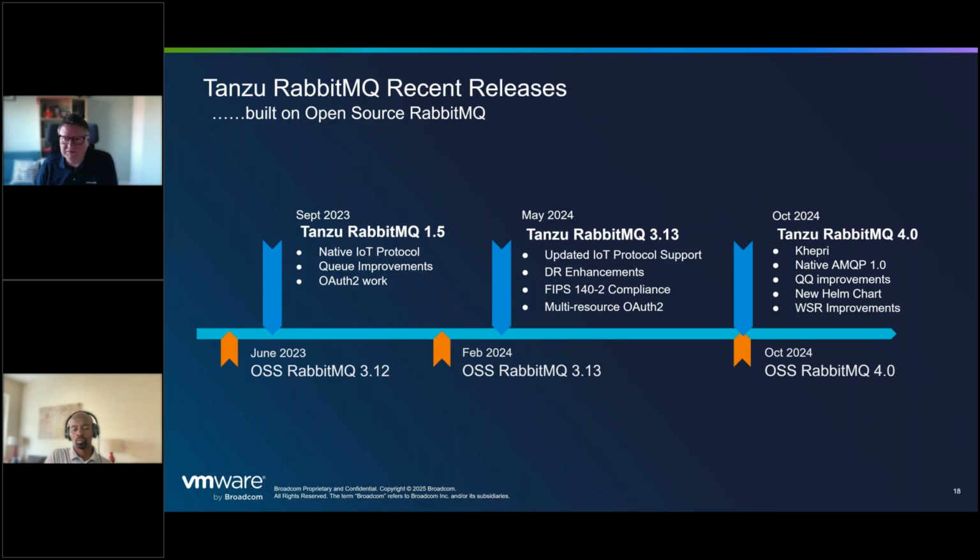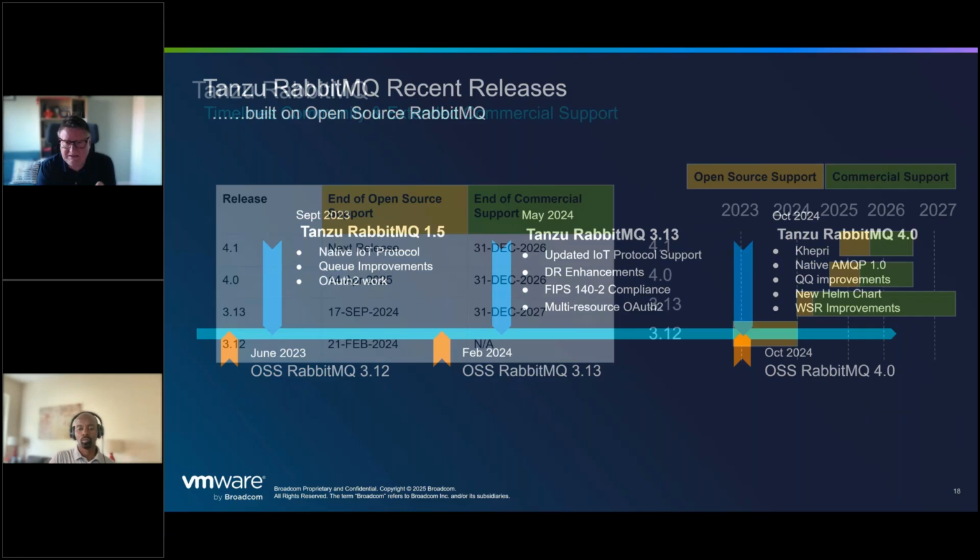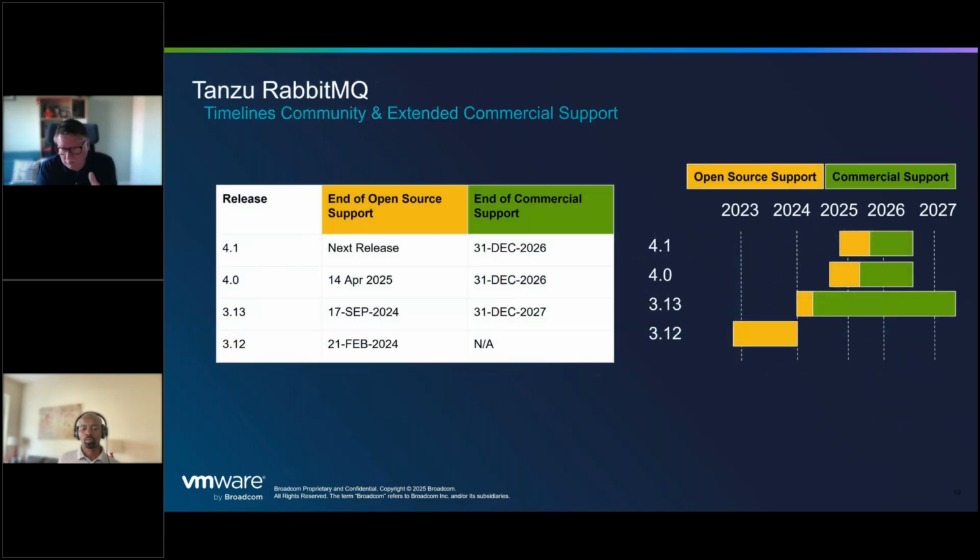One of the net results of this is that we're able to have a more clearly defined support model for both open source RabbitMQ and Tanzu RabbitMQ. And the headline here is that with 4.0, we also launched a long-term support version of open source RabbitMQ, which is 3.13. And that's still going.